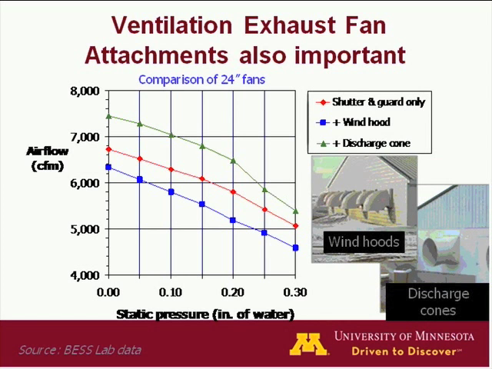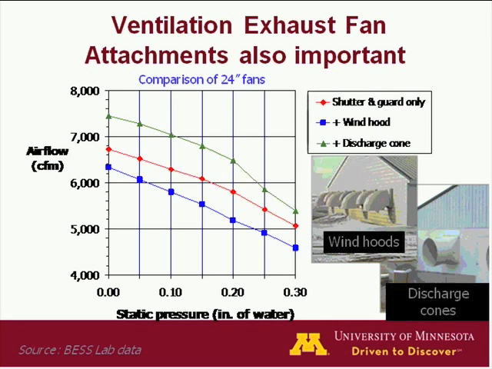This slide talks about some attachments to exhaust fans that are a little surprising. If you go to the BEST Lab, the shutter and guard only on a fan would be the red line. That would be the rating, the airflow rate on the vertical axis versus static pressure on the horizontal.